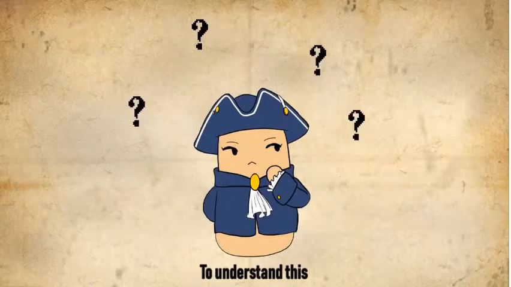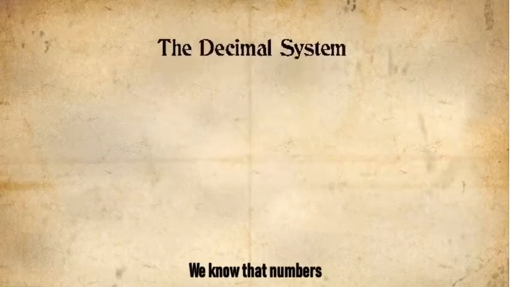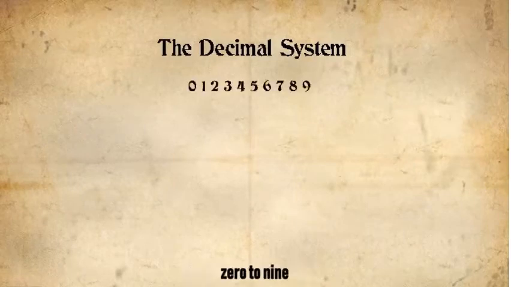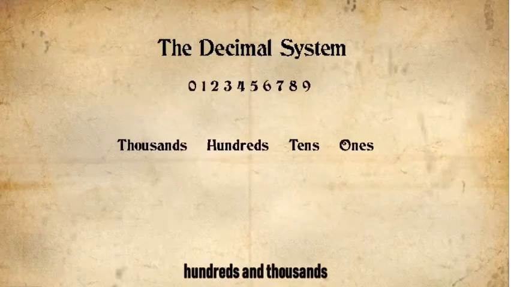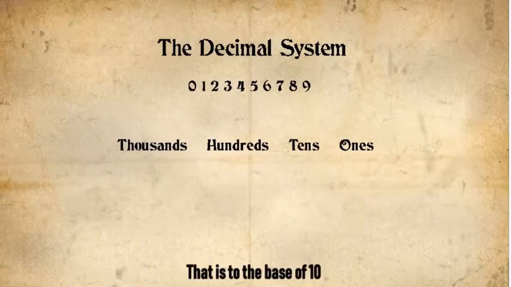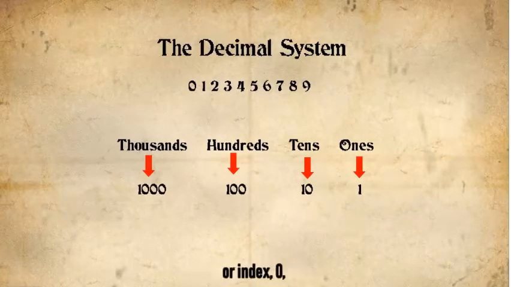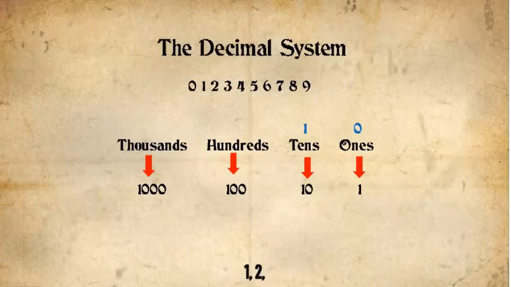To understand this, first let's look at the decimal system. We know that numbers are formed from digits 0 to 9, and this is to the base of 10. Remember the tens, hundreds, and thousands we learned in math class? That is to the base of 10. Each position starting from the right is given the position number or index, 0, 1, 2, 3, and so on.